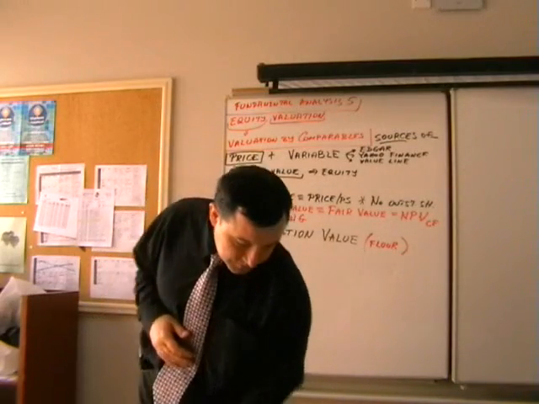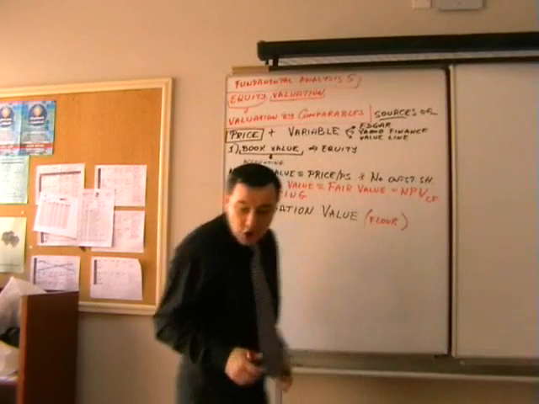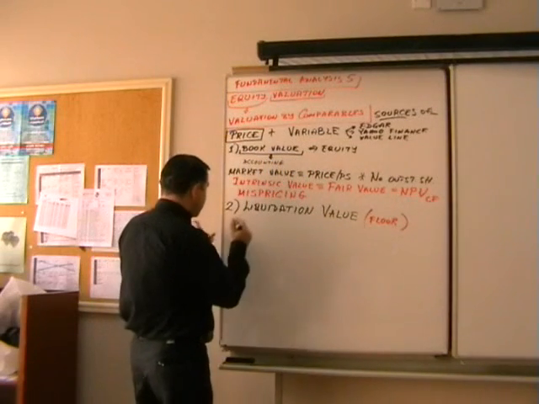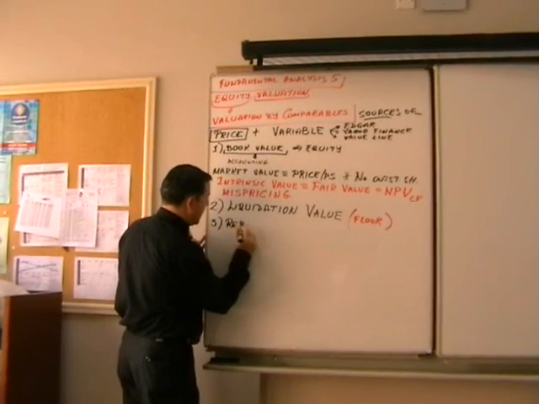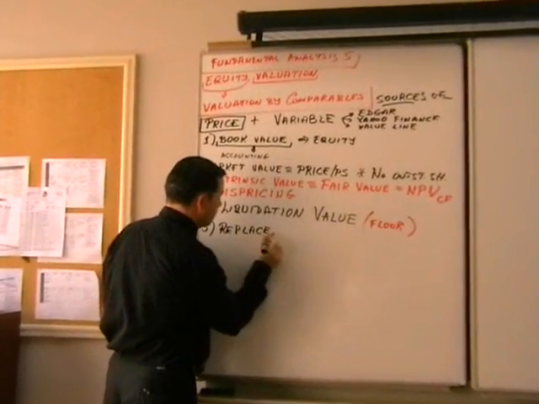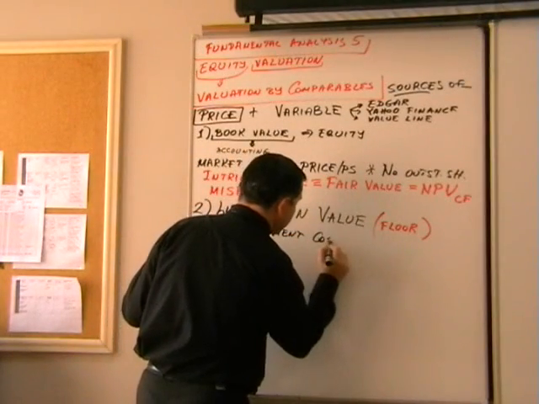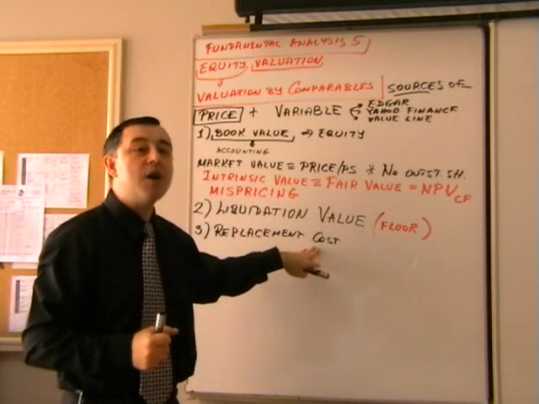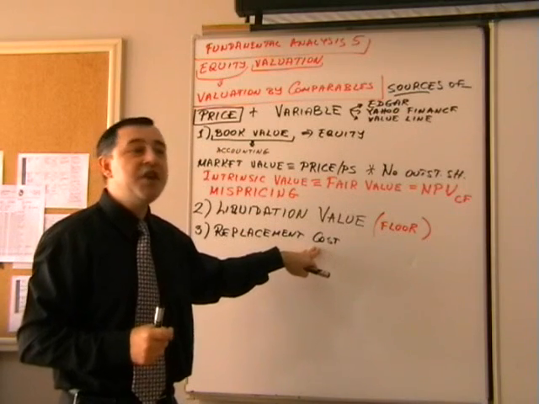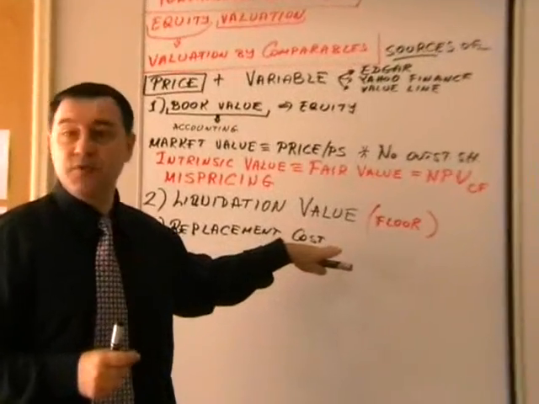Let's see what else. The third type of variable is called replacement cost. Alright, so replacement cost is simply the money that you'll need to rebuild it from scratch.